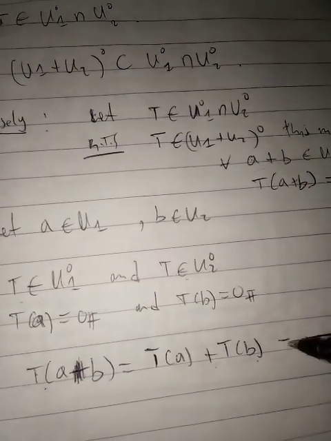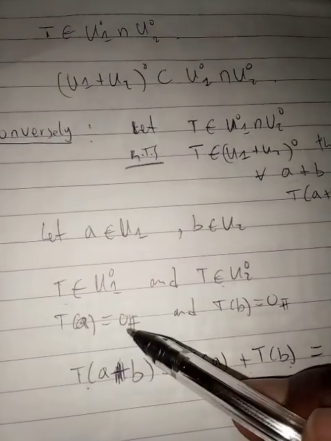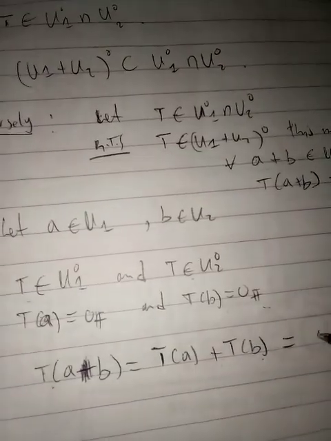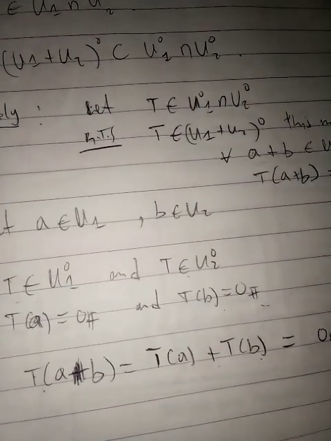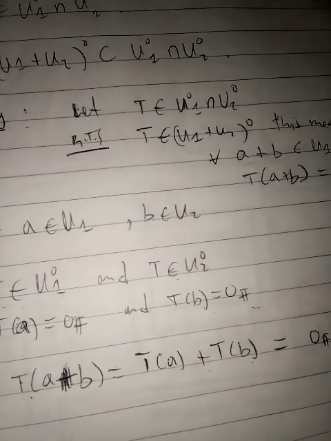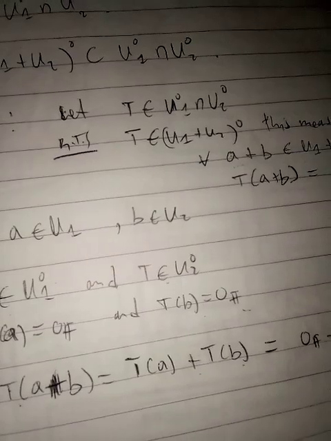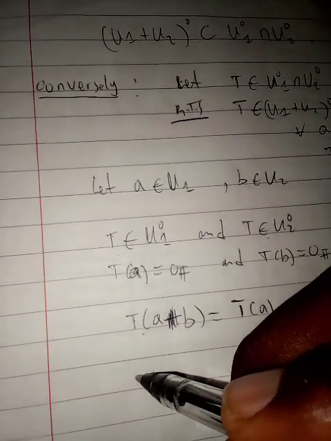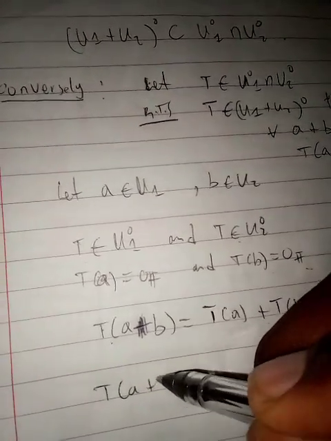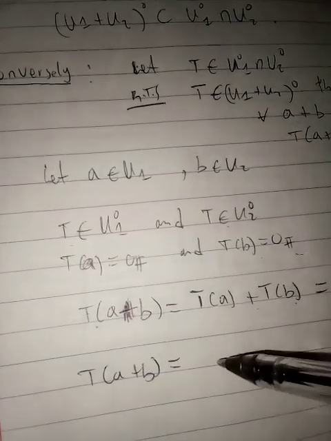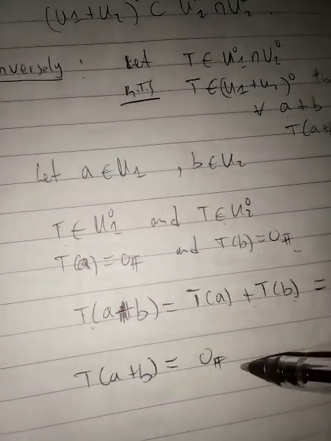And we know up here that t of a is 0 and t of b is 0 of F. So we're going to have 0 of F plus 0 of F, 0 of the field, which gives me 0 of the field. So t of a plus b is equal to 0 of the field.